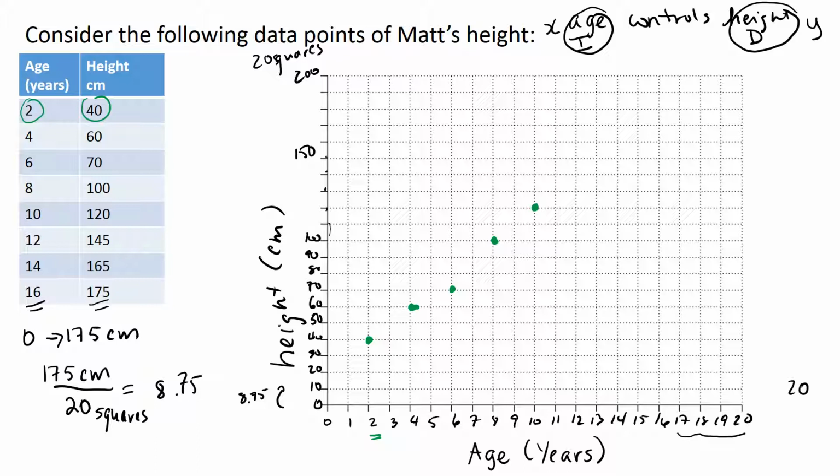So that's 100, 110, 120, 130, 140, 150. So 145 is in between there approximately.